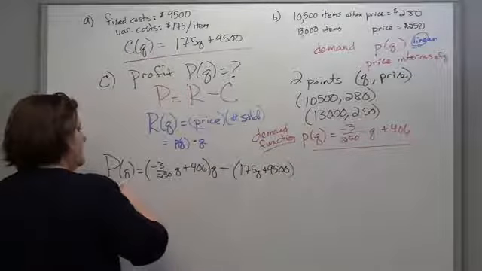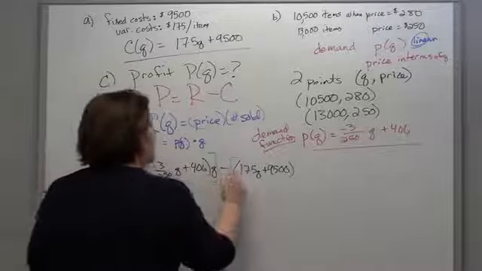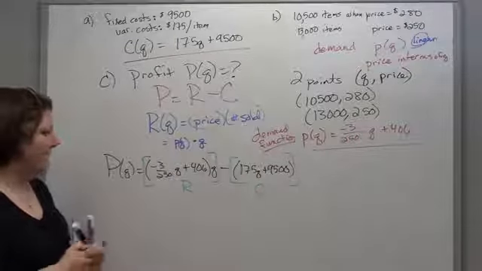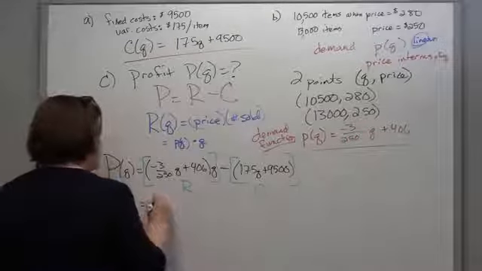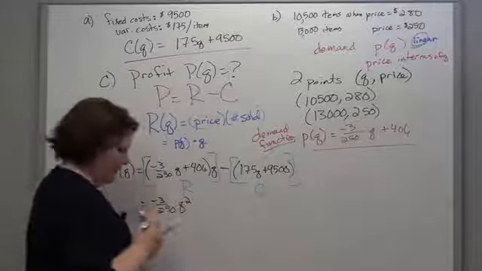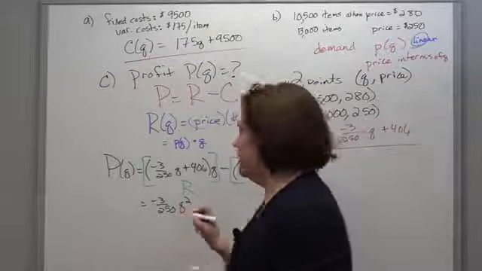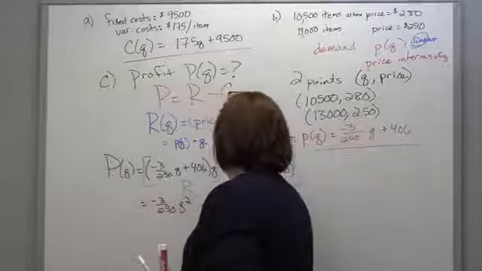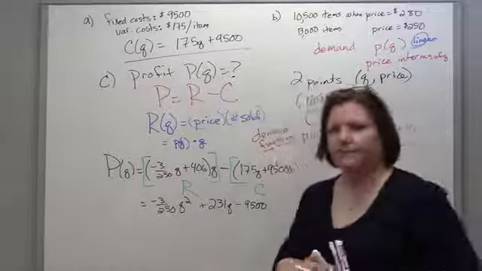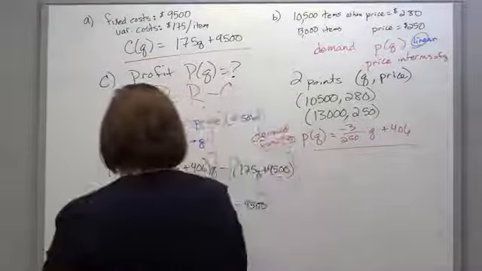So what this is, this right here, this is our R and this is our C. And when we simplify this, we get negative 3 over 250 Q squared plus 231 Q minus 9,500. So this is our answer for part C.